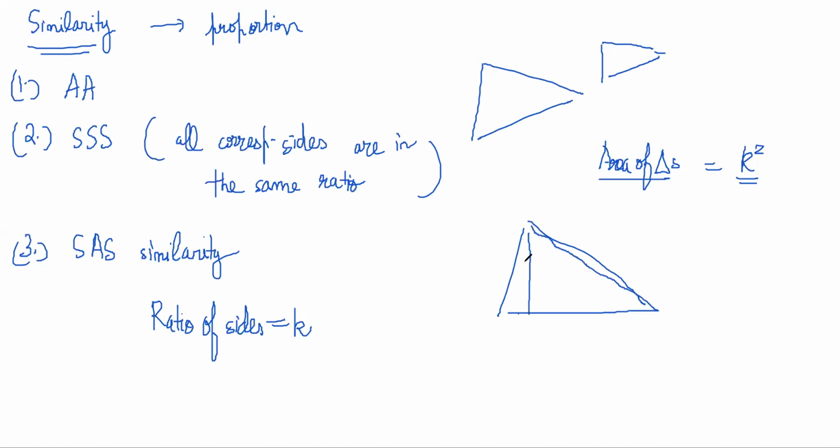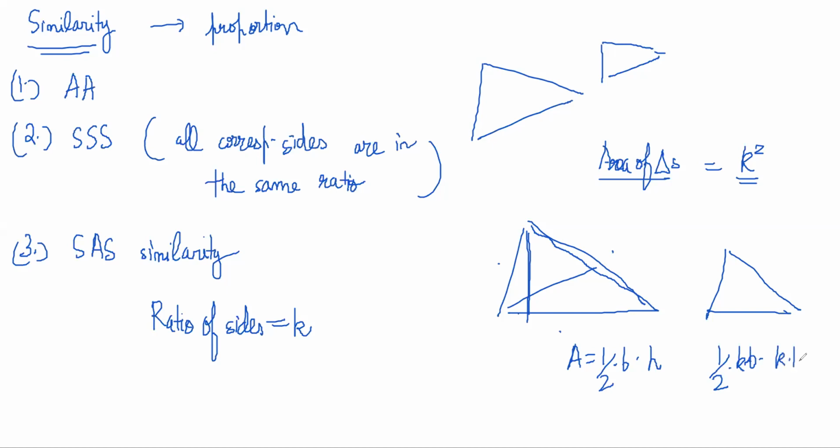Not just the sides, even the heights, even the medians, everything becomes k times. So if area is half base into height, in the similar triangle it will be half into k into base into k into height. So it will be k square into the area, right? Okay, so this you know.